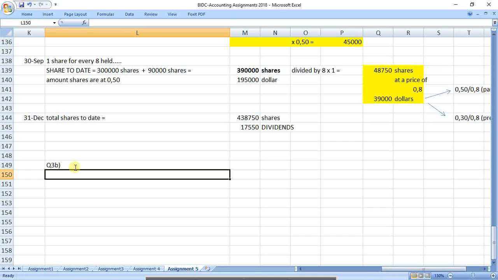There's limited theory in the textbook, but they do give you a table here, and you can use that. Rights issues and bonus issues, that was what we mentioned previously in terms of the theory. So they do want you to answer this relating to the theory.